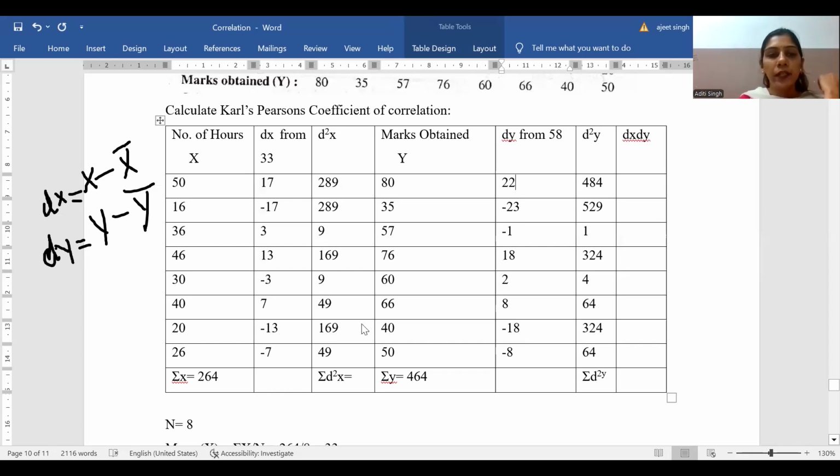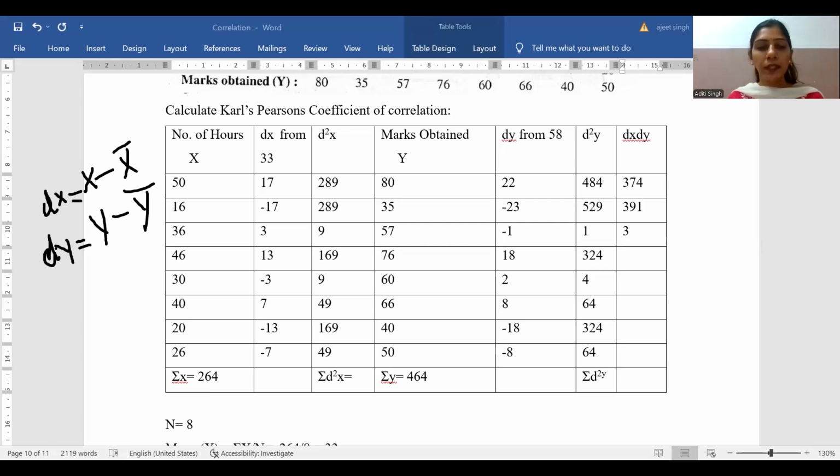17 multiplied by 22 is 374. 23 multiplied by 17 is 391. 1 multiplied by 3 is 3.